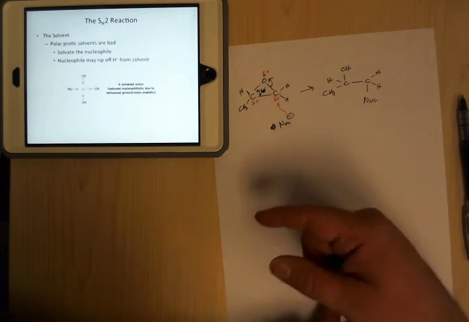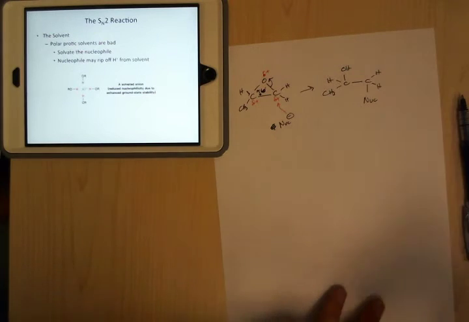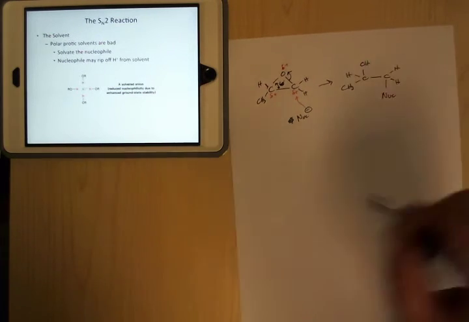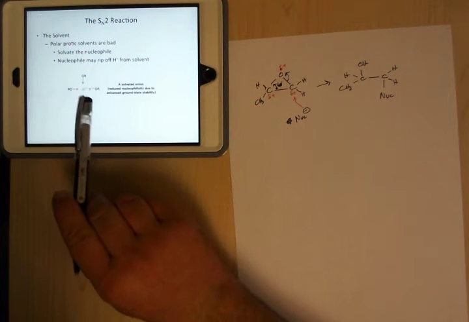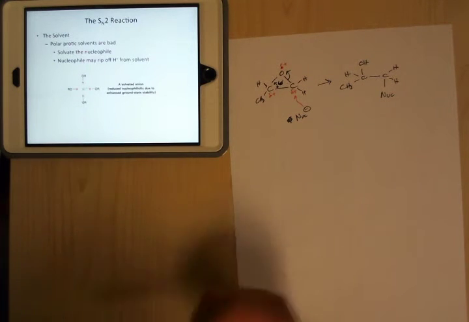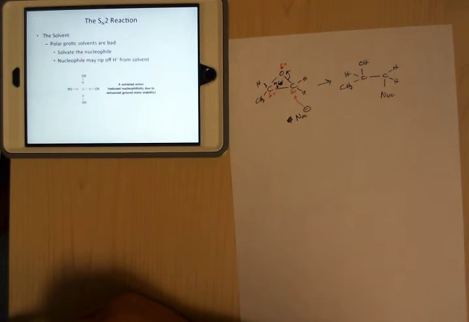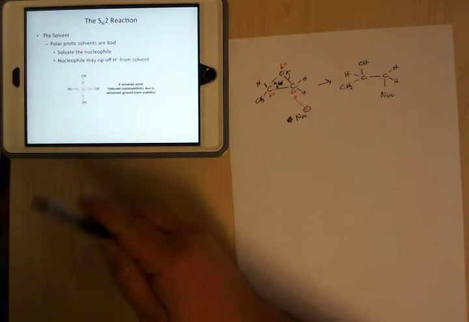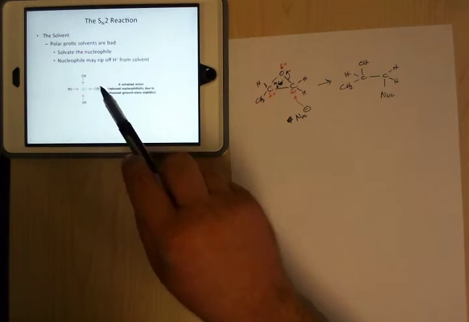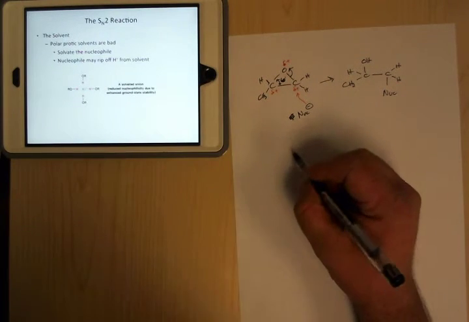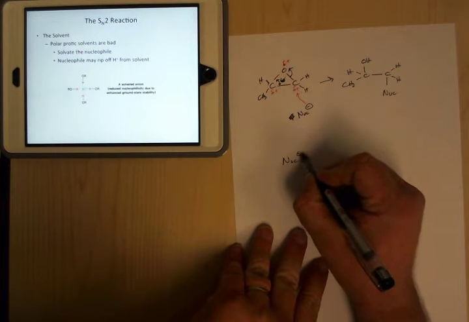Okay, so solvents, we talked about this a little bit. Polar protic solvents are typically bad because they can form these solvent shells around the nucleophile. And so you solvate your nucleophile and basically cage it up. You can also have an issue where, if you have a nucleophile that's negatively charged, it can act like a base.